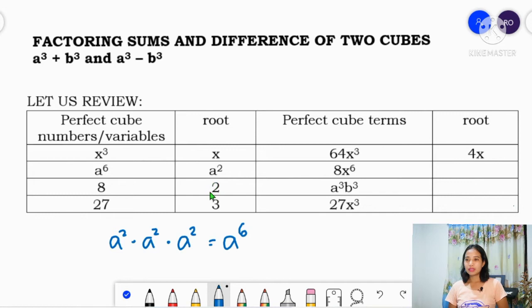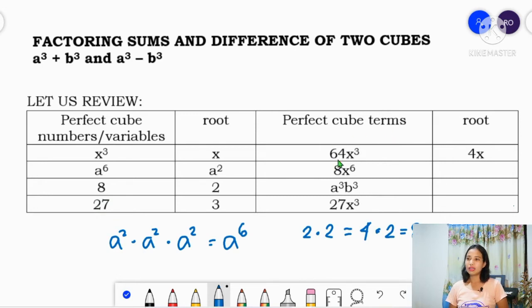So, in here, kapag minultiply natin ang 2 ng 3 beses, so that is 2 times 2, okay, of course, the answer is 4, times 2, the answer is 8. So, if we multiply 2 times 2 times 2, the answer is 8. So, 8 is a perfect cube number. So, 27 is also a perfect cube number. Kasi kapag minultiply natin ang 3 ng 3 beses, so 3 times 3 times 3, so the answer is 27.